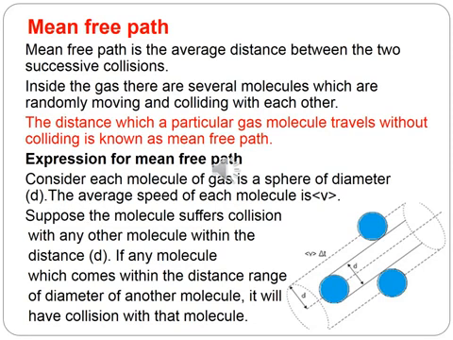Consider each gas molecule is a sphere of diameter d. The average speed of each molecule is v. Suppose the molecule suffers a collision with any other molecule within the distance d. And suppose that any molecule which comes within the distance range of the diameter of another molecule will have a collision with that molecule.